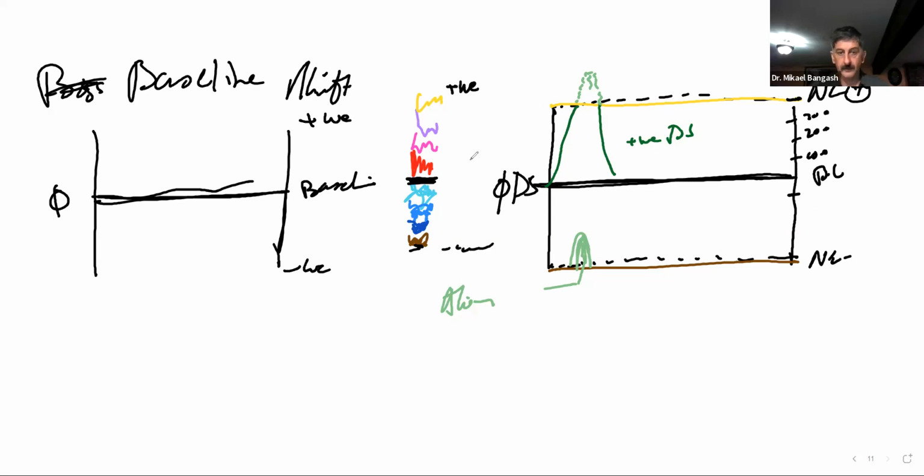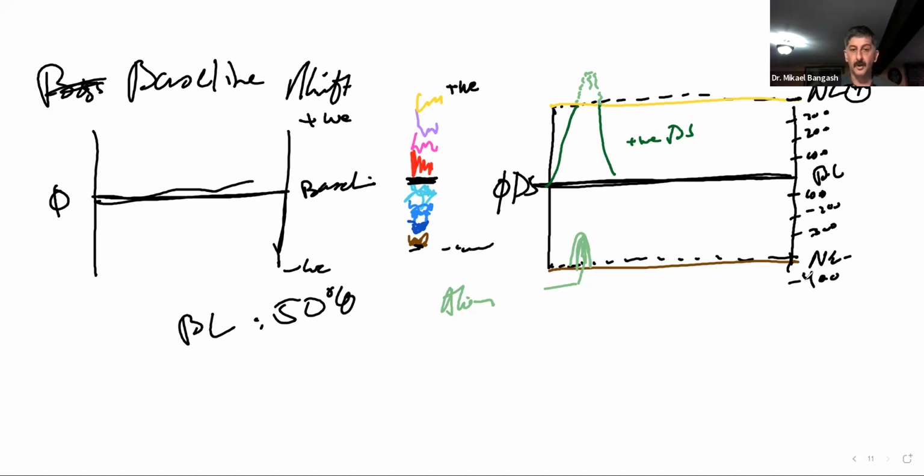Right now the baseline is at 50%, which means your negative Nyquist limit is going to be minus 100, minus 200, minus 300, and the Nyquist limit here will be minus 400.